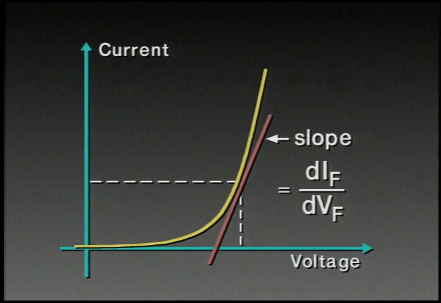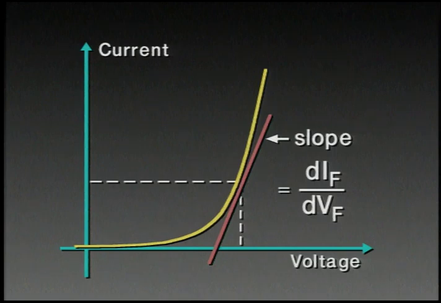It's important to remind you here that the incremental resistance is not a real ohmic resistor. It has no Johnson noise, for example. It's merely a representation of the slope of this exponential function. What we're showing here is the derivative dIF by dVF, which of course is not a resistance but a conductance.